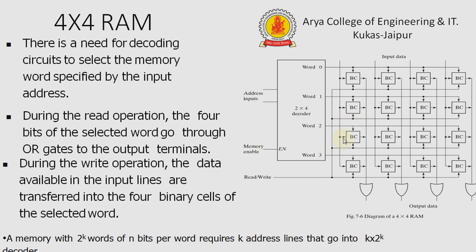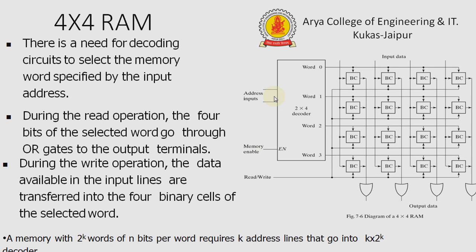With the memory select at 1, one of the 4 words is selected, dictated by the value of the 2 address lines. These are the 2 address inputs, and one of the words has been selected.